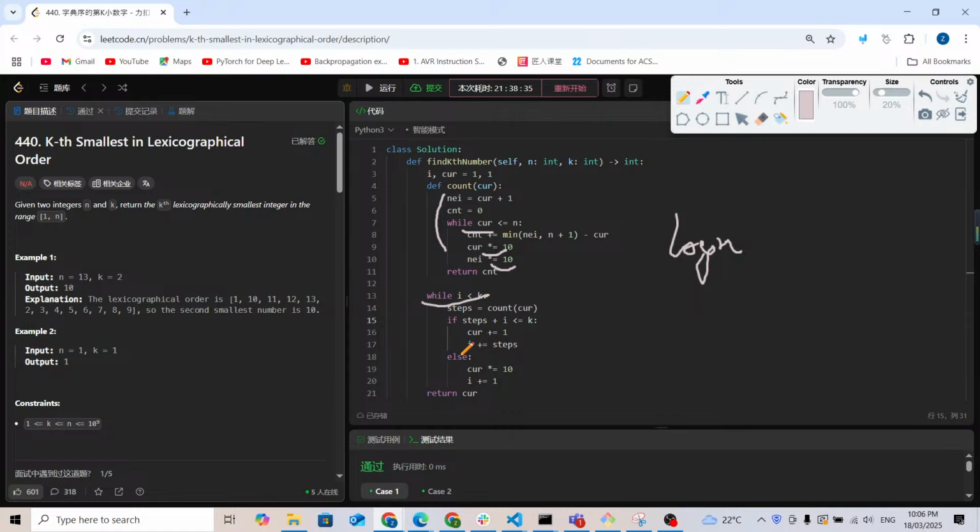And also for this while loop, i plus equal to a step, and here count times 10. This is another log n time. So for this steps, actually this is log n. So for the whole while loop, it is another log n. So it is a log n squared time complexity. This is going to be the final time complexity for the problem.